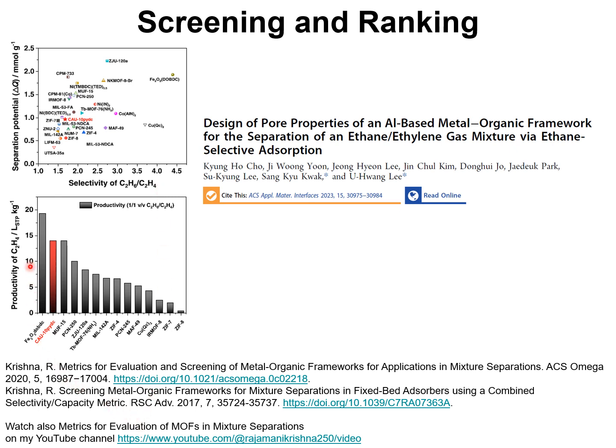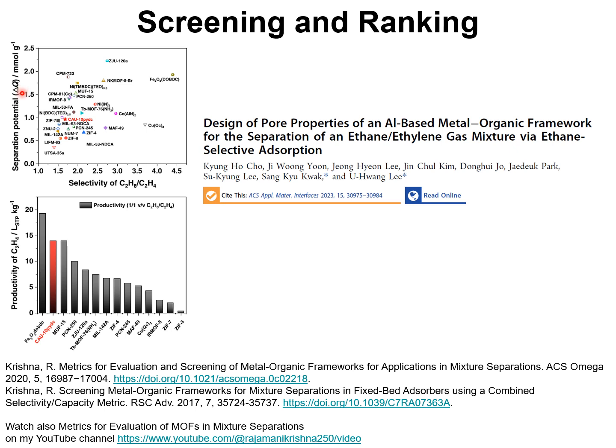If we compare the experimental data that is also presented in this paper for the productivity of purified ethene, we will conclude that these productivities are linearly related to the values of the separation potential, as I had demonstrated in the foregoing slide.